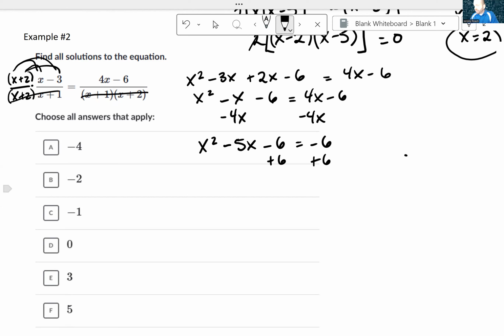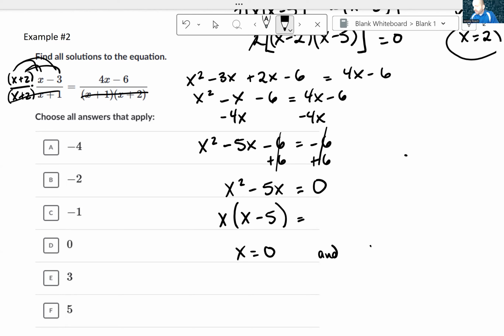Still setting this equal to 0 by adding the 6 to both sides. And now we should have equals 0 like that, as that just cancels out there and there. Now here we can just factor out an x, and we're left with x minus 5. So our solutions are x equals 0 and x minus 5 equals 0. We add 5 to both sides and we get x equals 5.